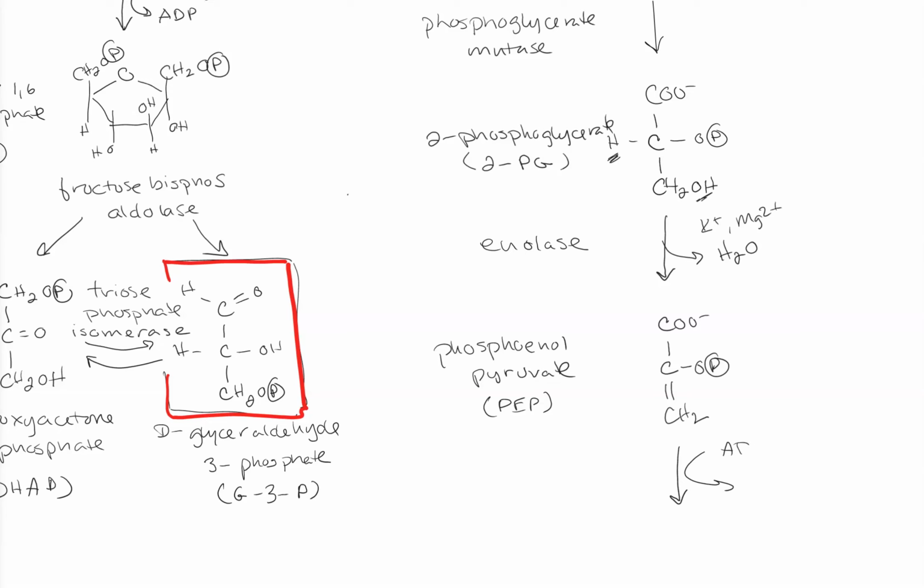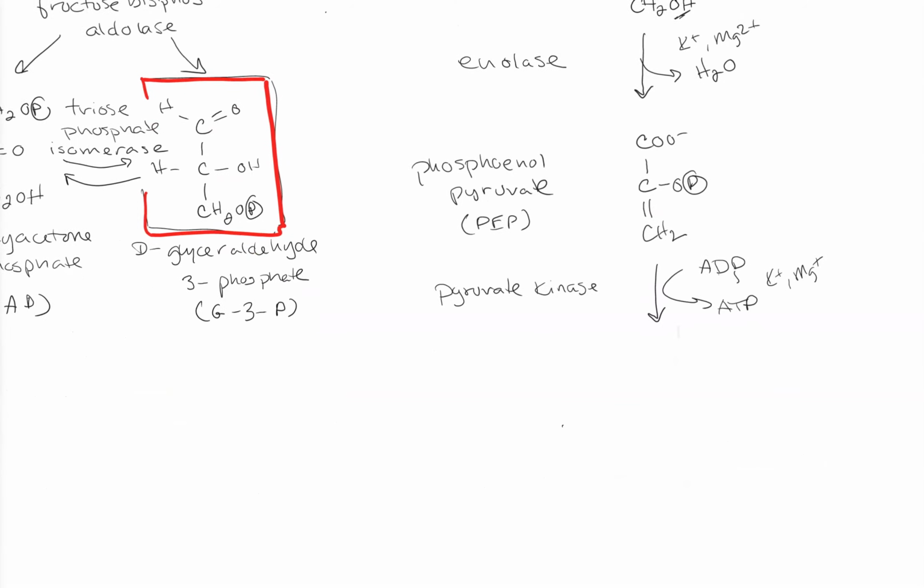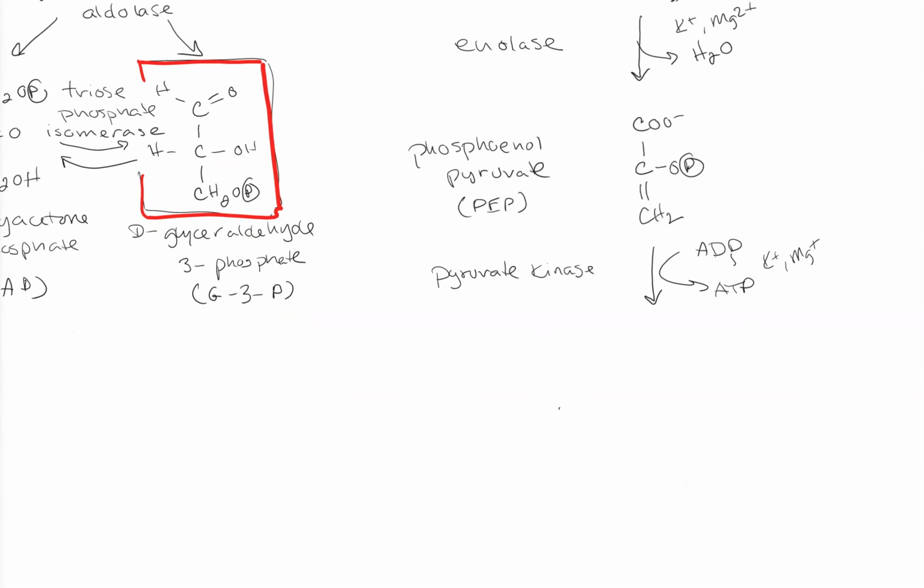So we have our ADP in. Let me make that look like a P. ATP out. We need our potassium and magnesium. And this is going to happen through pyruvate kinase. Just need a little bit more room. And we're going from phosphoenol pyruvate to pyruvate.